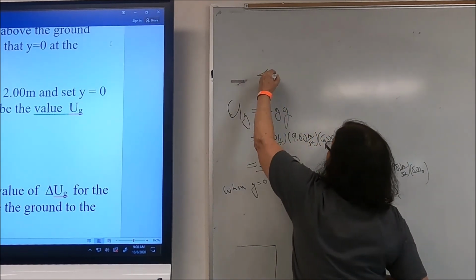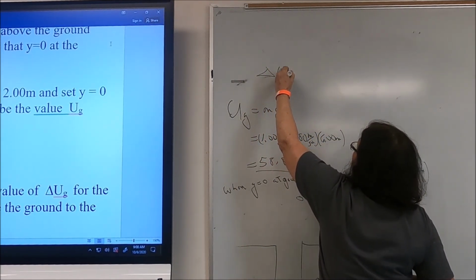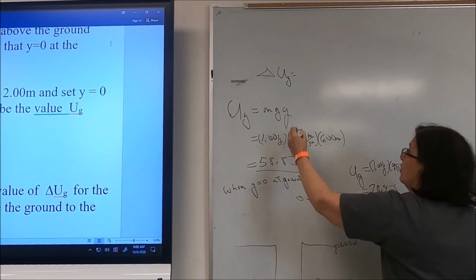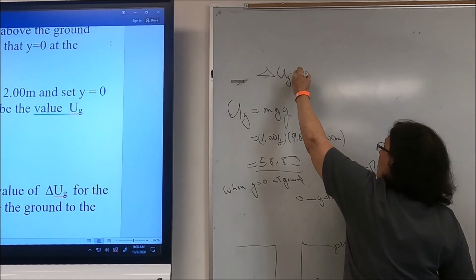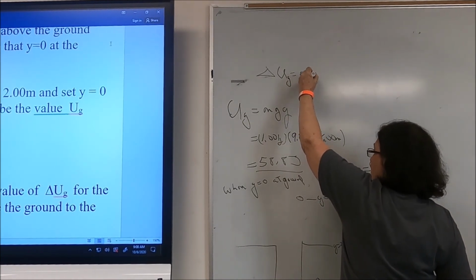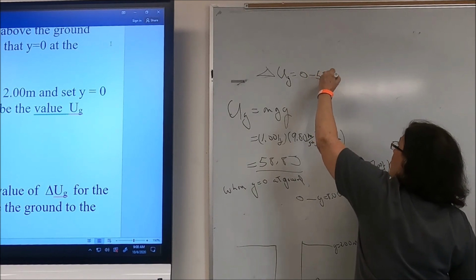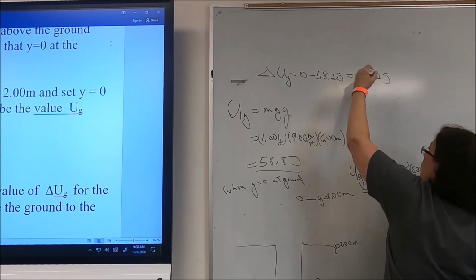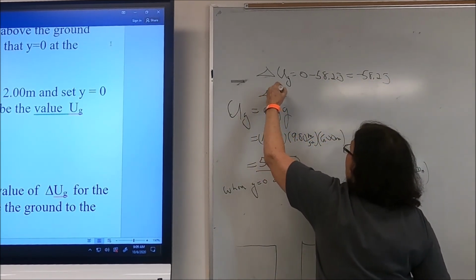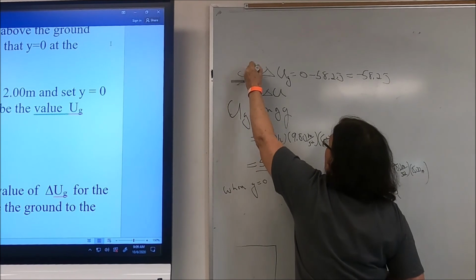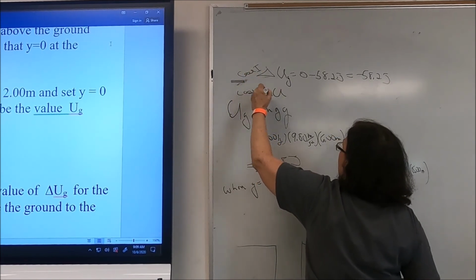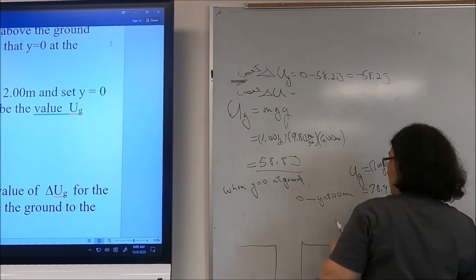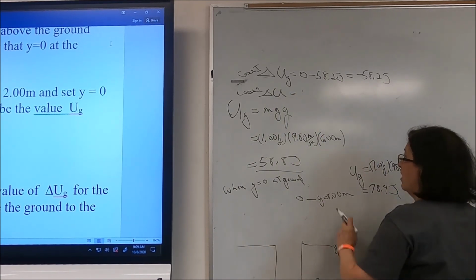But if I looked at change in gravitational potential energy from this height to the ground, for case 1, I would have 0 minus 58.8 joules, which would be a minus 58.8 joules. For case 2, I would have a gravitational potential energy now that it's not 0.